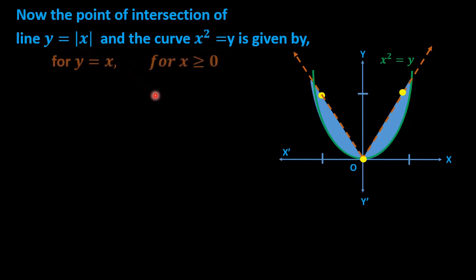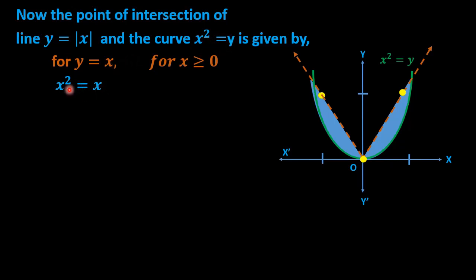So this straight line is given by y equals to x. So this line is given by y equals to minus x, which I have already explained just before. So what we do here is we put this y equals to x in the equation of the parabola, x square equals to y, with y replaced by x, so it will be x square equals to x.